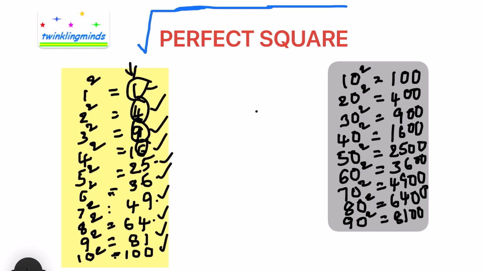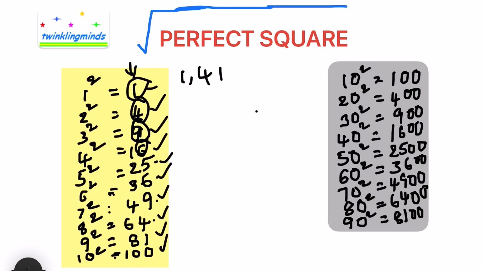That means if you square a number, the units position will be 1, 4, 9, 6, 5, again 6, 9, 4, 1, 0, depending upon what you are squaring.